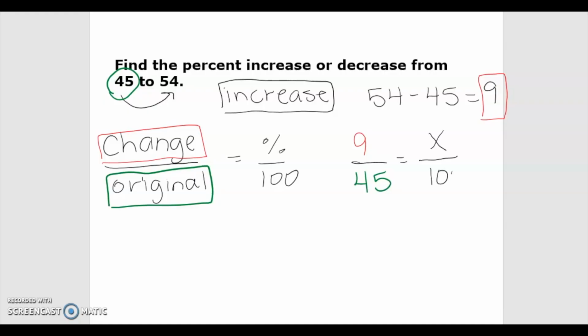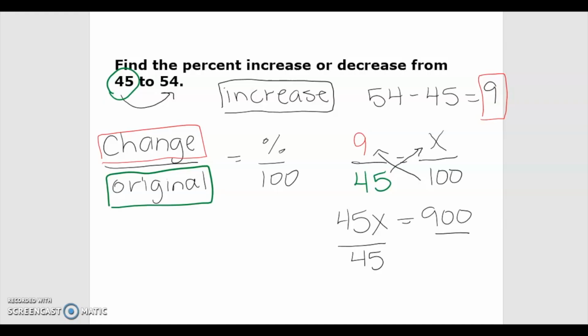I do not know the percentage, so my variable goes in place of the percentage, and I'm going to do cross products to solve this. So 45 times x is 45x. 100 times 9 is 900. Next, we're going to divide by 45.